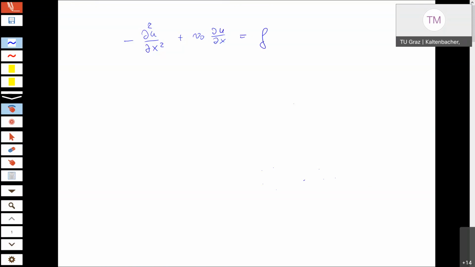And then we have some boundary condition. So you see what we have here. Let's say this is a given velocity, or any given parameter, that is given. But what you see here is the following: you have here just the first order derivative.